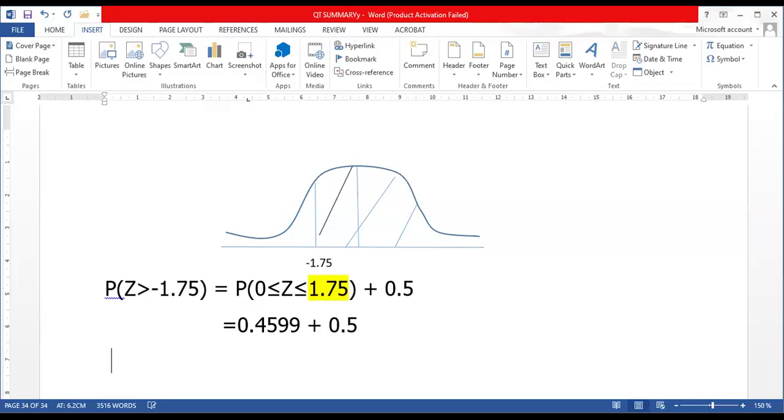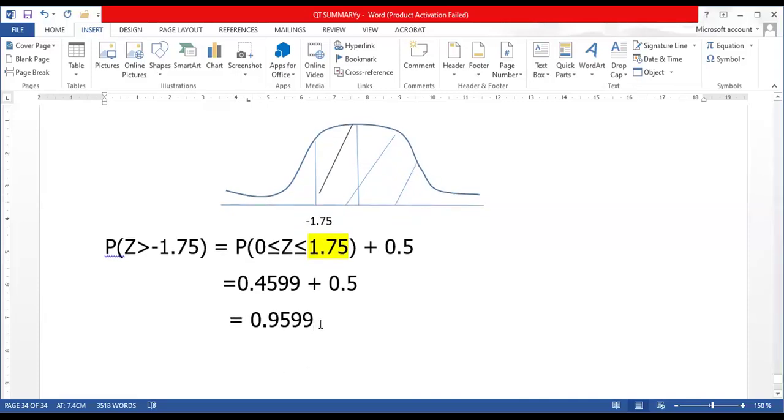What do you get finally as your probability? 0.9599. And you're done. That's all.